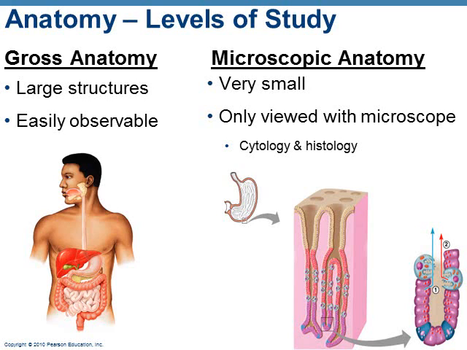Microscopic anatomy, like the name says, are things that you can only see with a microscope. Here we're talking about a level of detail at the cellular level or the tissue level. And we can break microscopic anatomy into two types, cytology and histology. Cytology is the study of cells, looking at how individual cells function and work together. And histology is the study of tissues.